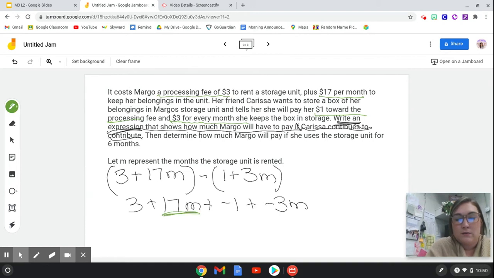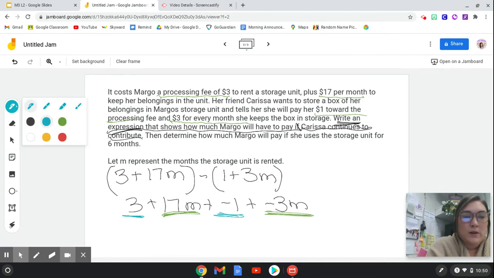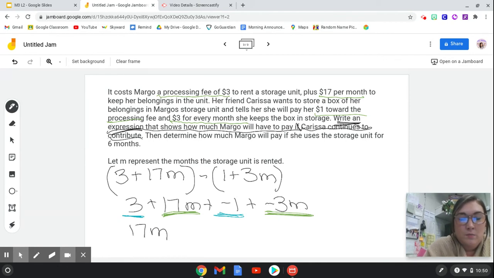So I have a 17m and a negative 3m, and I also have a 3 and a negative 1. So I'm going to rearrange to where my greens are together and my blues are together. So I have 17m plus negative 3m plus 3 plus negative 1.